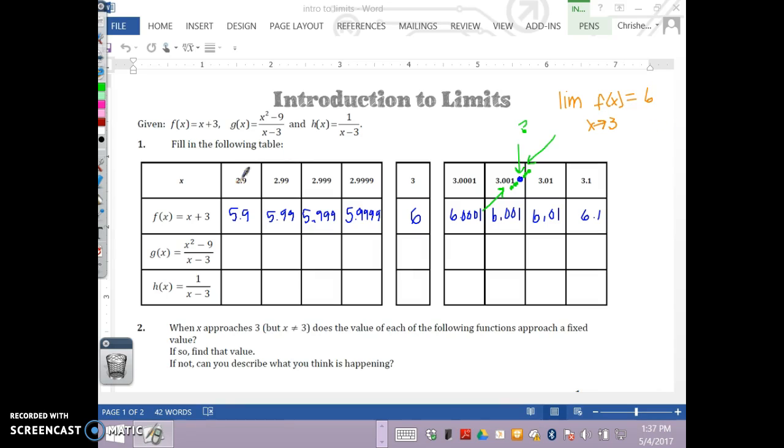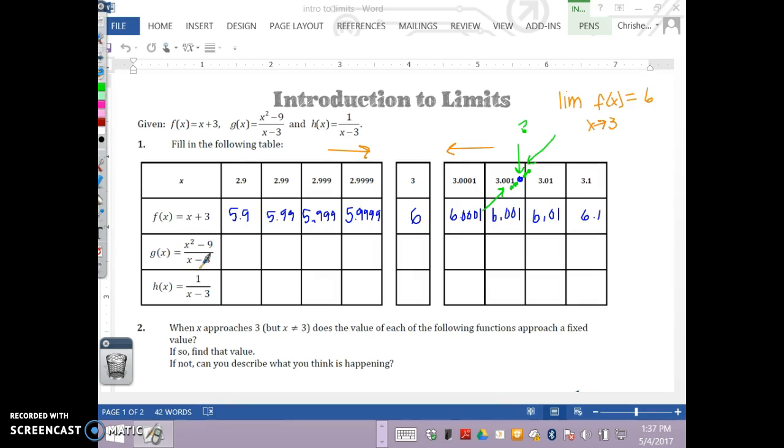And all that means is, as we get closer and closer to 3 from being less than 3, we're getting closer and closer to 6. And as we're getting closer and closer to 3 from numbers that are bigger than 3, we get closer and closer to 6 again.